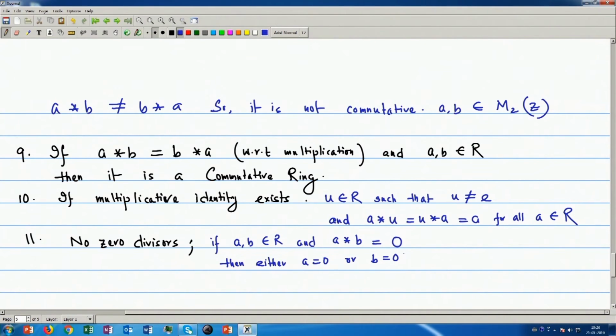Then if all these properties, 1 to 11, hold.